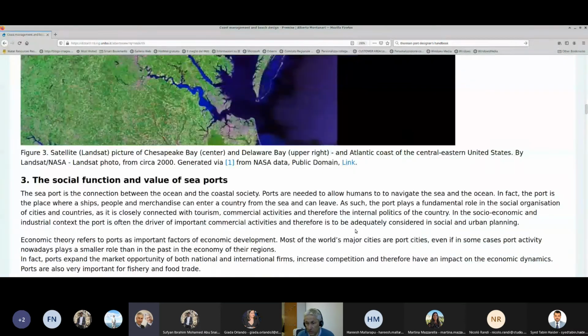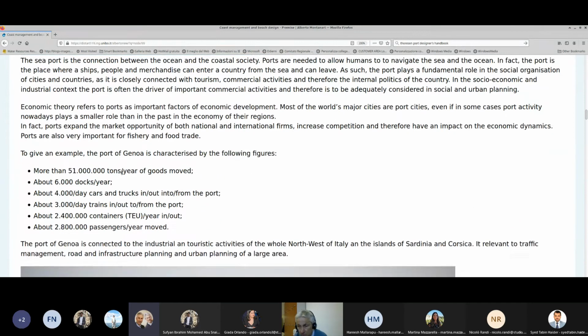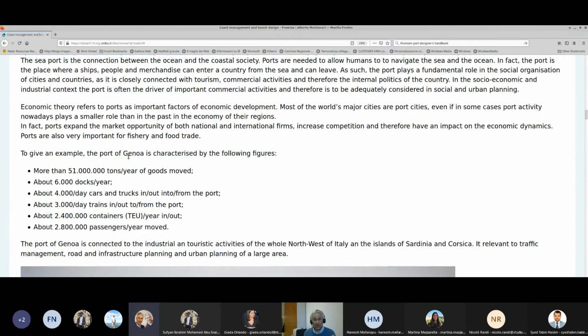If we go down, we see a description of the social function and the value of seaports. And here there are some statistics that refer to the port of Genoa, for instance. And what is the meaning here? The meaning is that the ports have an extremely important role in modern society.